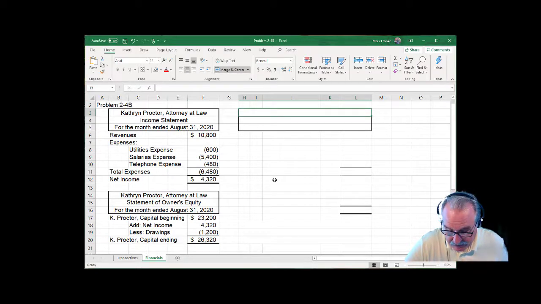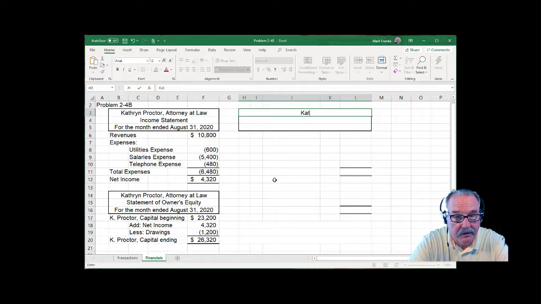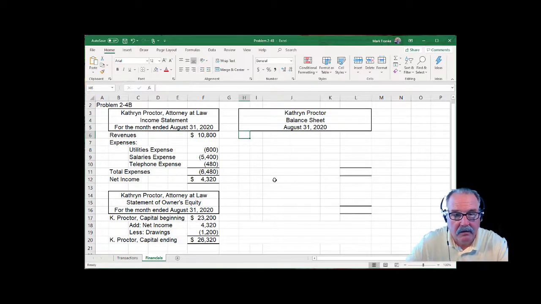But let's prepare the balance sheet now. Catherine Proctor, balance sheet. Oops. And the balance sheet doesn't cover a period of time. The balance sheet is as of a moment in time. At midnight on August 31st, here are the balances in the assets. And these are going to come from the ending balances on our transaction schedule.